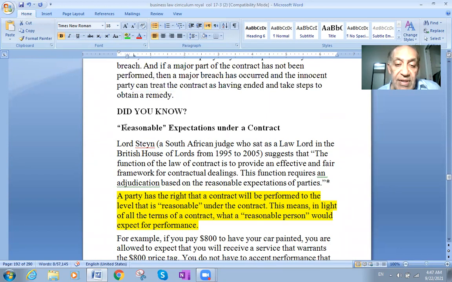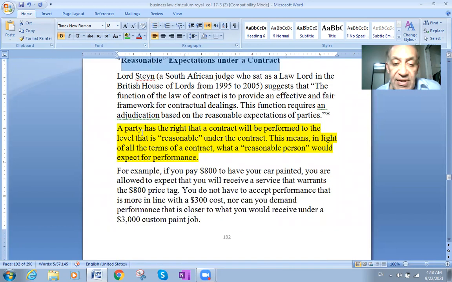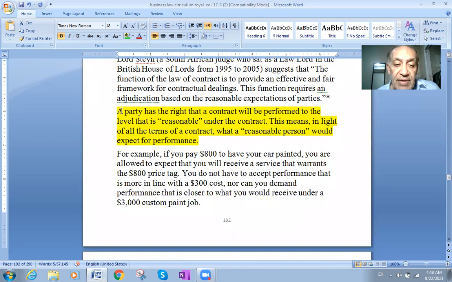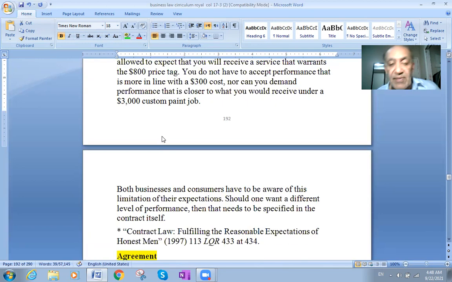So, reasonable expectation under a contract. This is another point. A party has the right that a contract will be performed to the level that is reasonable under the contract. This means, in light of all the terms of the contract, what a reasonable person would expect for performance.